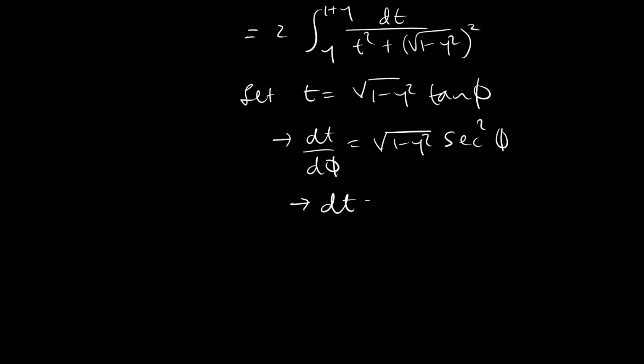And so dt can be expressed as the square root of 1 minus y squared sec squared phi d phi in the phi domain.